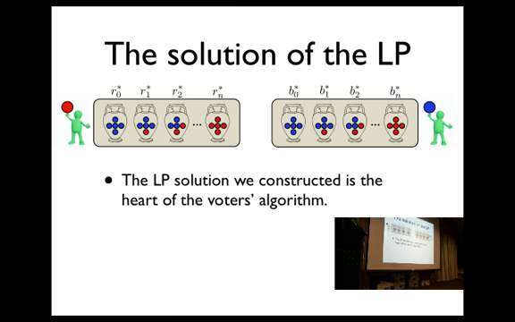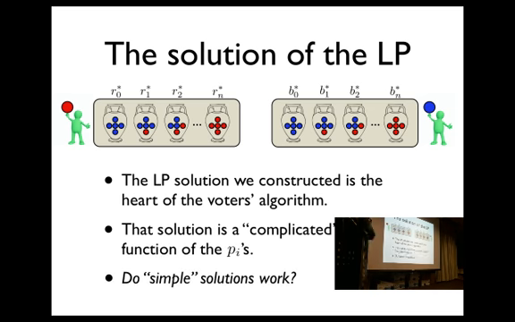So the solution of this linear program, again, was the heart of the voters algorithm. And in fact, it was really just the voters algorithm. Now, I didn't show you that solution because it's complicated, quote unquote, a rational function of the pi's. And so one natural question is, do simple solutions work, right?